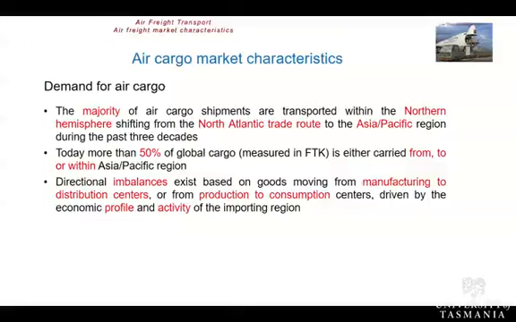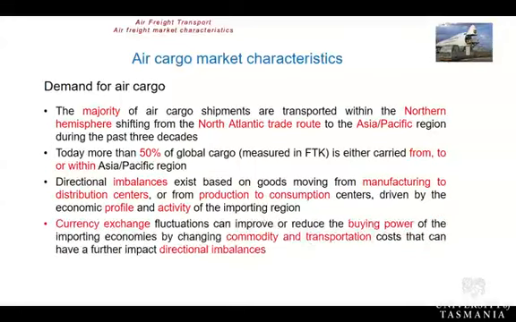So the manufacturing centres of Asia to the distribution centres of Europe and also North America, as well as the production centres of Asia to the consumption centres of the developing countries in Europe and also North America. And it's often reflective of the economic profile and the activity in that particular importing region.